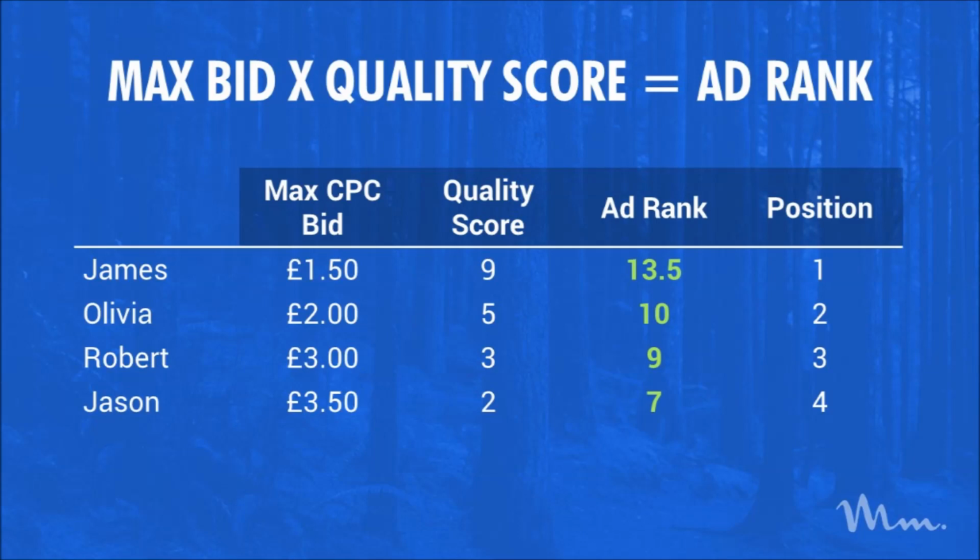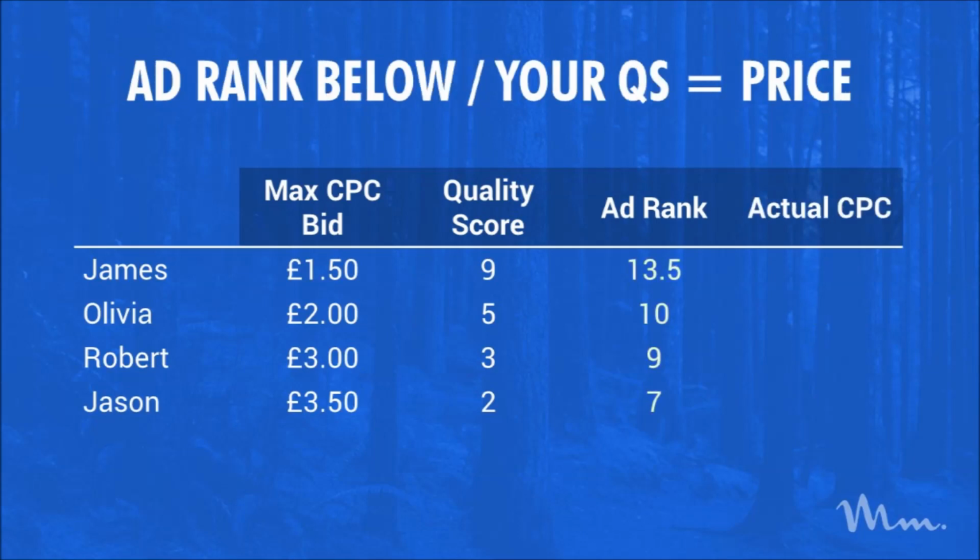But you can also see why quality score is such a critical thing to get on top of and to improve. And then the obvious question off the back of that is, what do you pay? How do you work out what you pay for your position? So again, it's slightly more cumbersome, but it's AdRank below you divided by your quality score equals the price you pay.